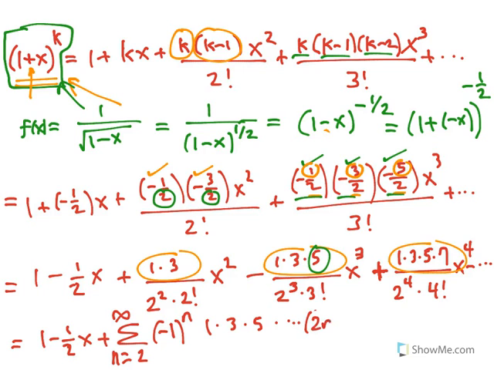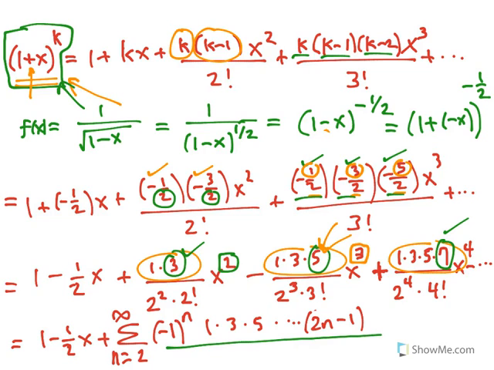It would instead be 2n minus 1. So if you look at what we have here, we stop at 5. So n is 3, 2 times 3 is 6, 6 minus 1 is 5. Here we stop at 7, n is 4, 2 times 4 is 8, 8 minus 1 is 7. And here we stop at 3, n is 2, 2 times 2 is 4, 4 minus 1 is 3. So we are taking care of the pattern, so there's no problem there. And we took care of the alternation of the signs.